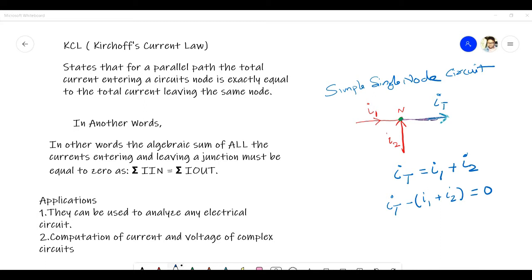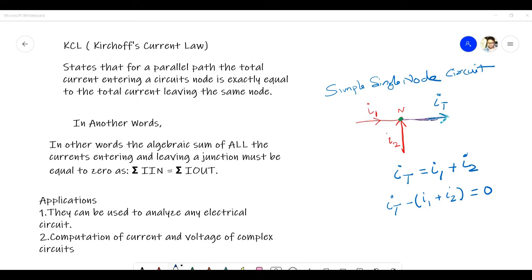Now we consider a simple circuit with a single node. Let current I1 and current I2 be entering the node, and the current leaving the node is I of t, the total current.